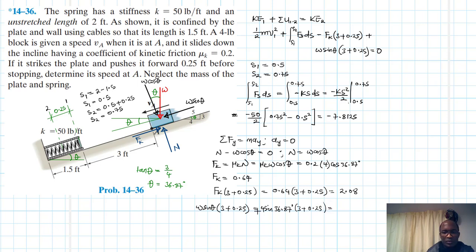So this gives us 7.80. Okay, so 4 sine 36.87 times 3.25 gives 7.80.